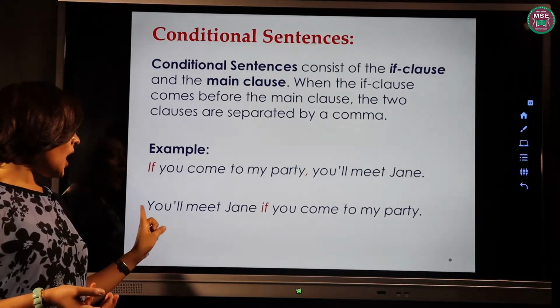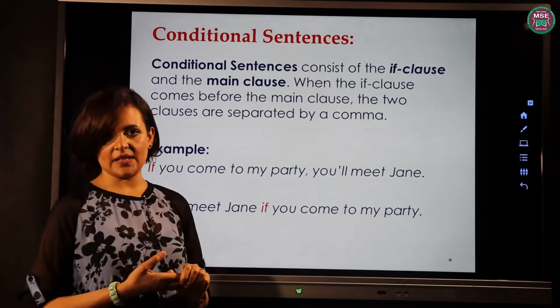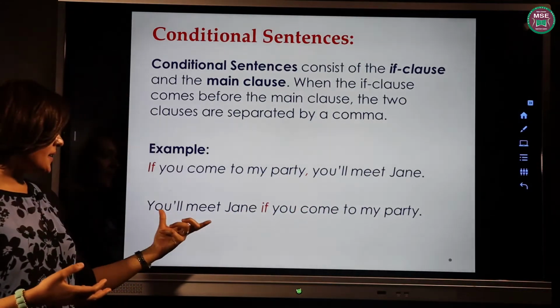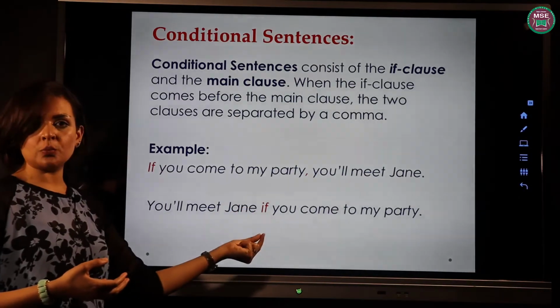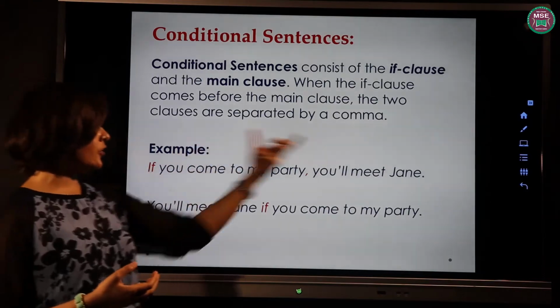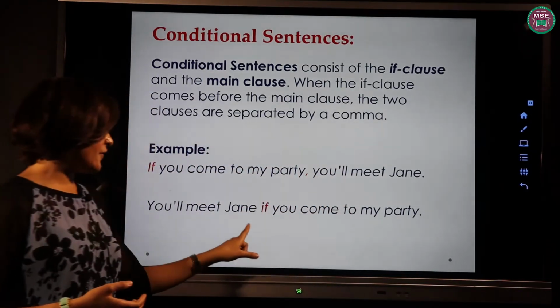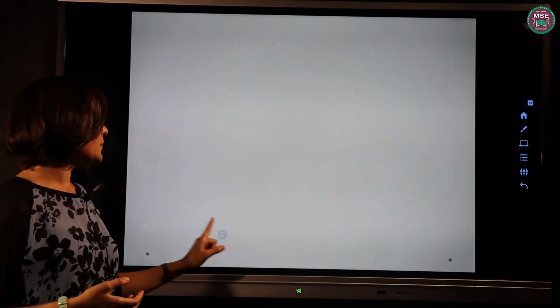I will say, you will meet Jane if you come to my party. So here we have the sentence, if in the middle, I don't put a comma, but if I start with the if clause and put the result at the end, I have to put a comma in the middle. It's a very important rule.